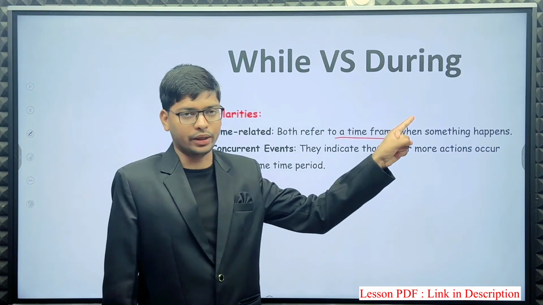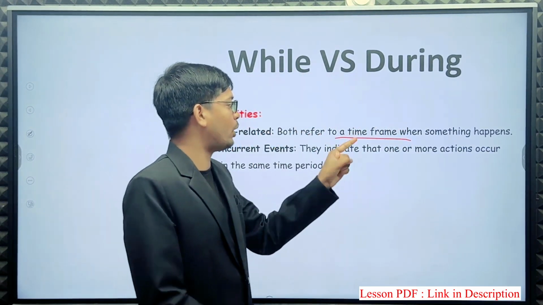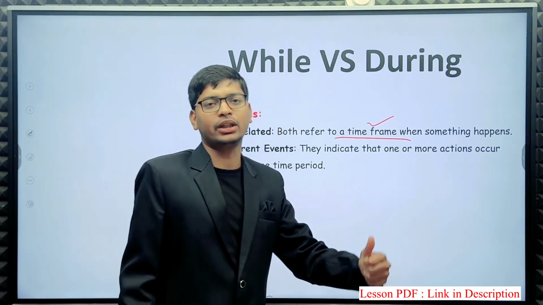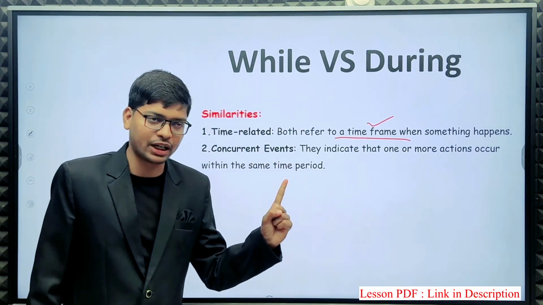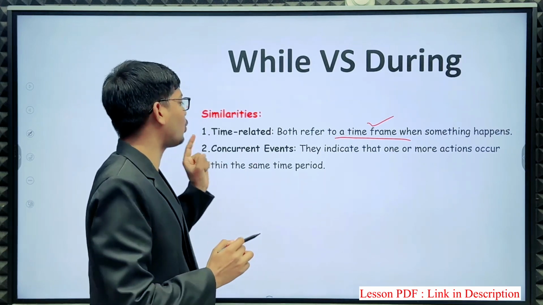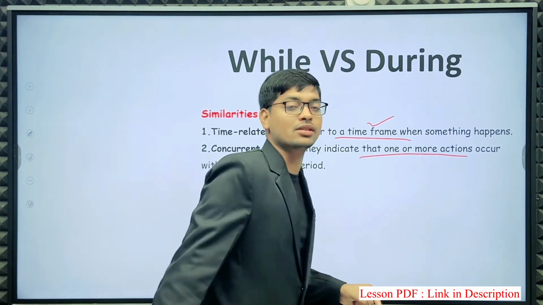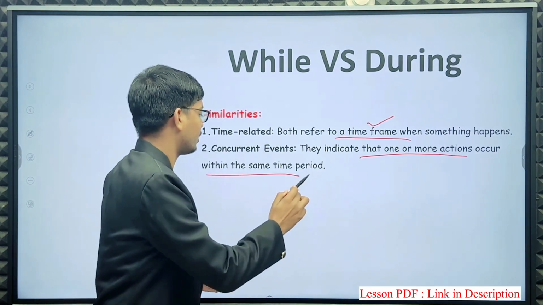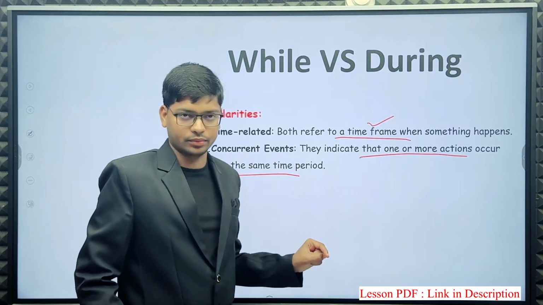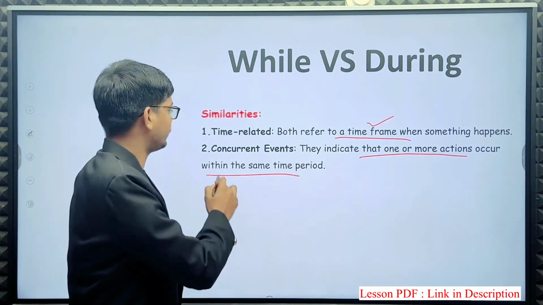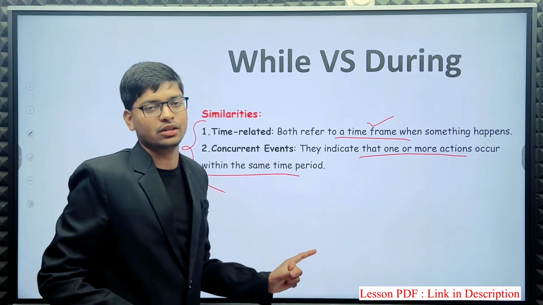While and during both refer to a time frame when something happens. The next similarity is concurrent events. They indicate that one or more actions occur within the same time period. So here are only two similarities.